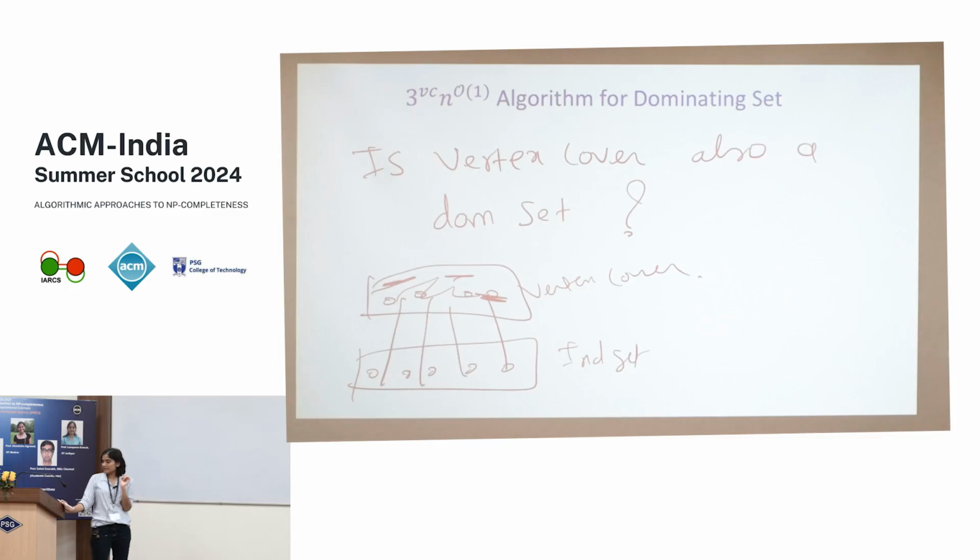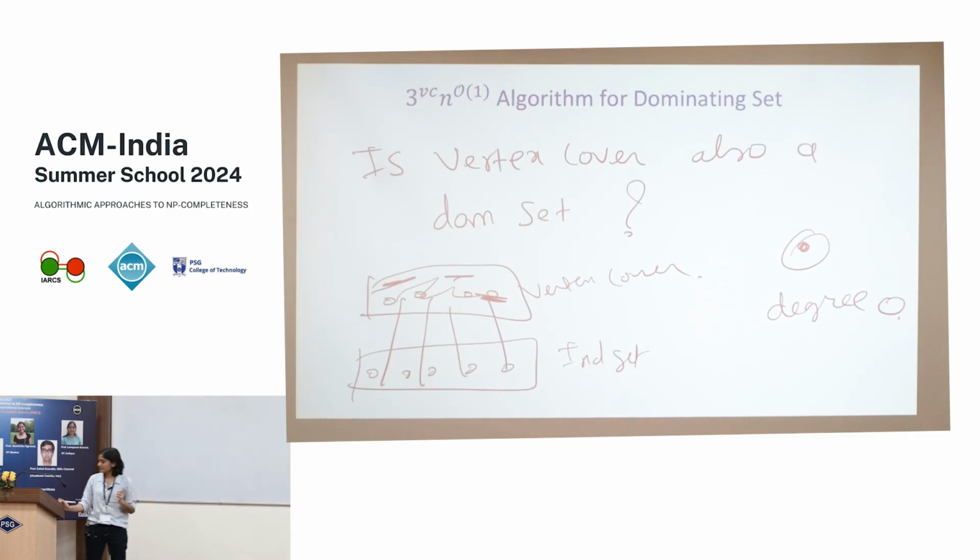If there is a vertex which has degree 0, then we can't say it. But we can always get rid of those vertices by taking them into the solution. They are always part of the solution. But otherwise we can always say a vertex cover is also a dominating set. This is fine with everyone, this observation?